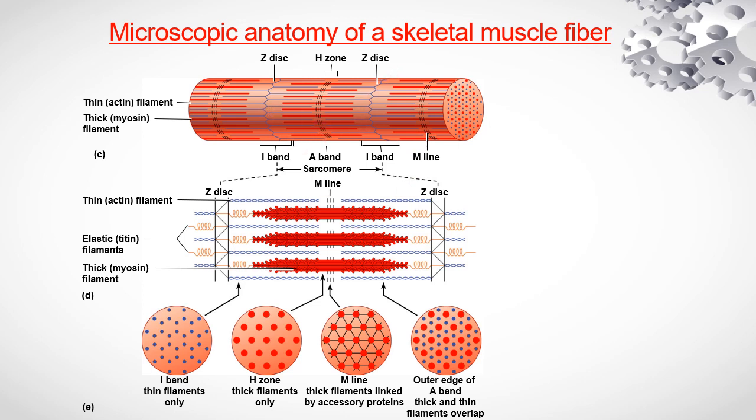It is not much different from cardiac muscle, because cardiac muscle is also made up of sarcomeres, just that it is also composed of intercalated discs. In these intercalated discs you find gap junctions, and the function of gap junctions is simply for communication between different cardiac muscle fibers.